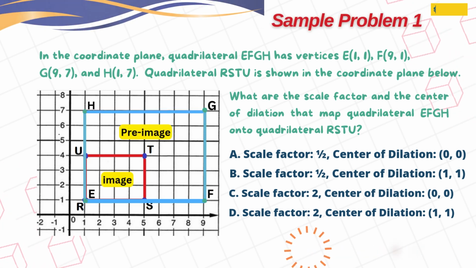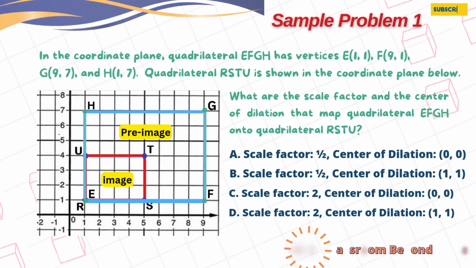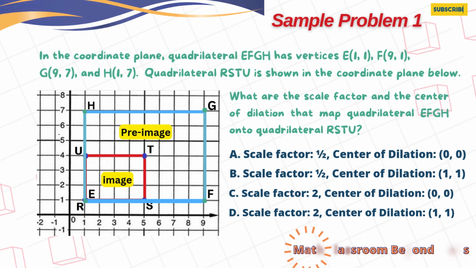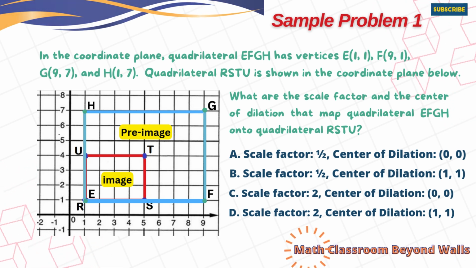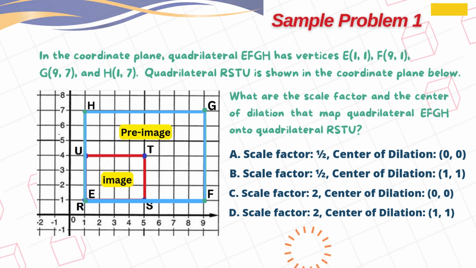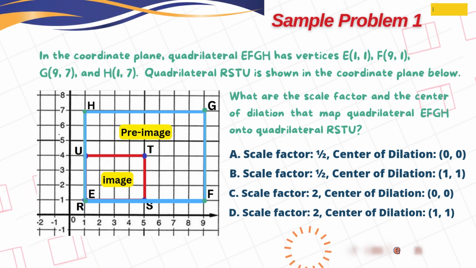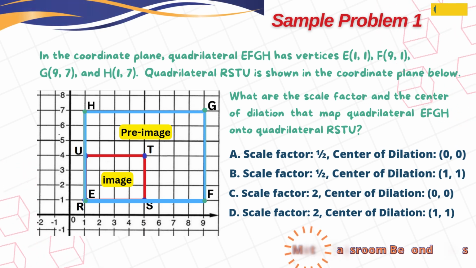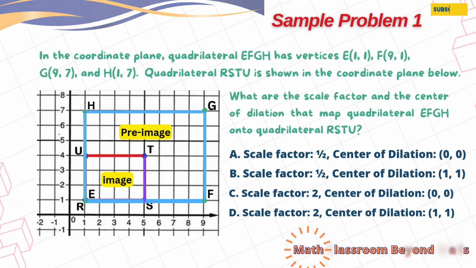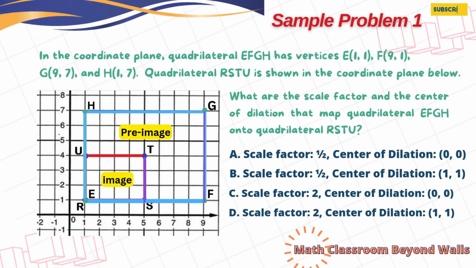Now, we can get the scale factor by using a pair of corresponding sides of quadrilateral EFGH and quadrilateral RSTU. We will choose a pair. Which one would you like to use? Okay, we will use a pair of vertical sides, side ST and side FG. We will get their lengths.